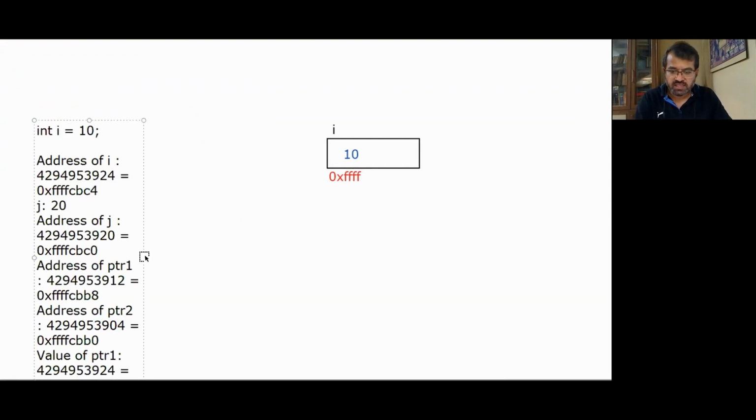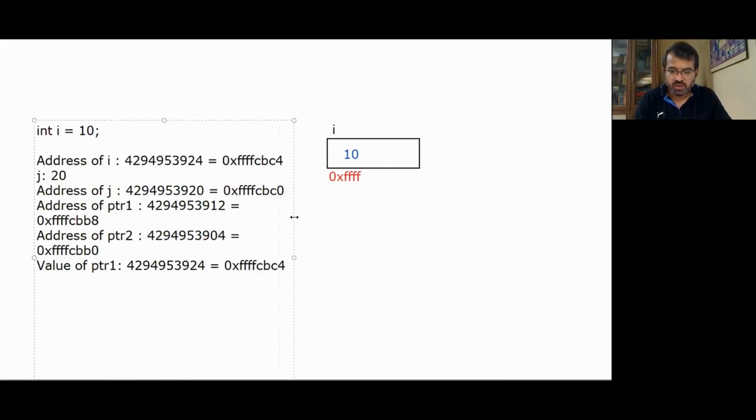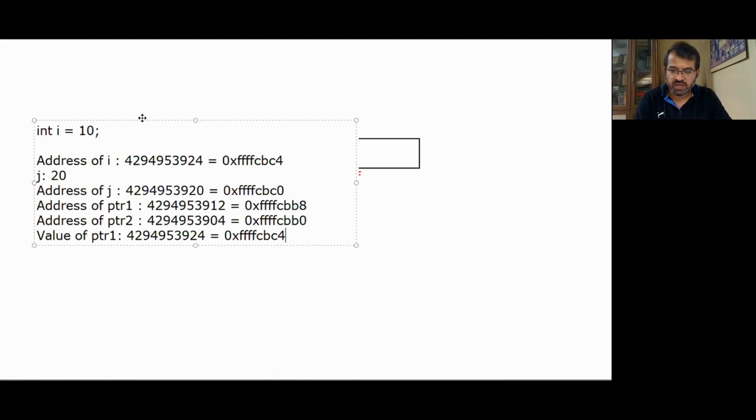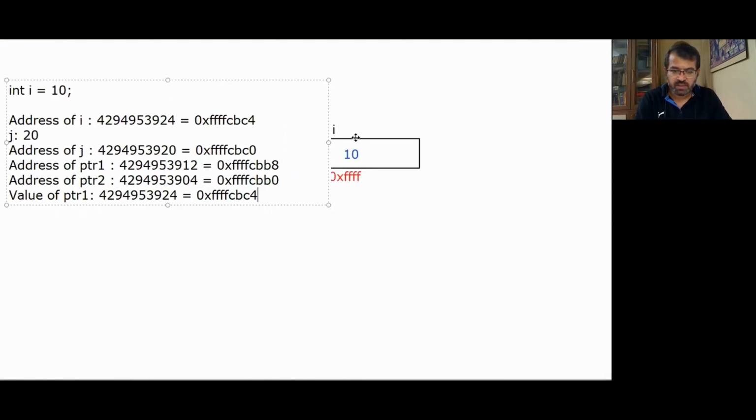Now looking at these addresses, we can make one interpretation, and we can also draw a visual map of this. If these are the locations that we have, the address of I, let's take only the last 4 digits, is suppose 3942. I'll put the address in decimal system so that you do not get confused. So I'll say the address is 3942.